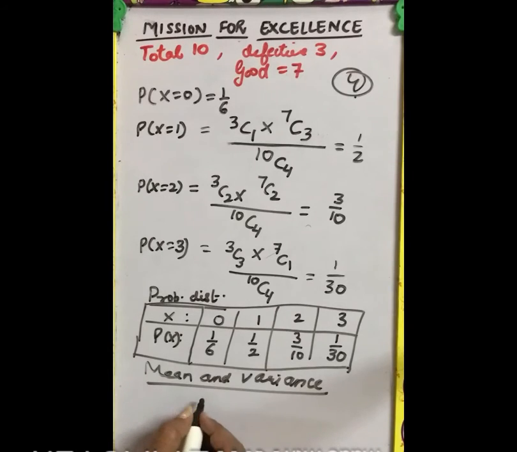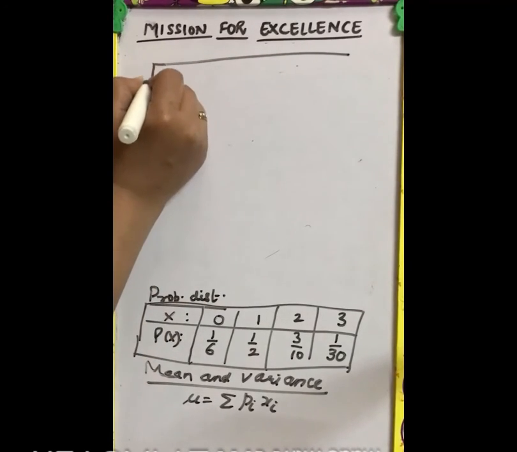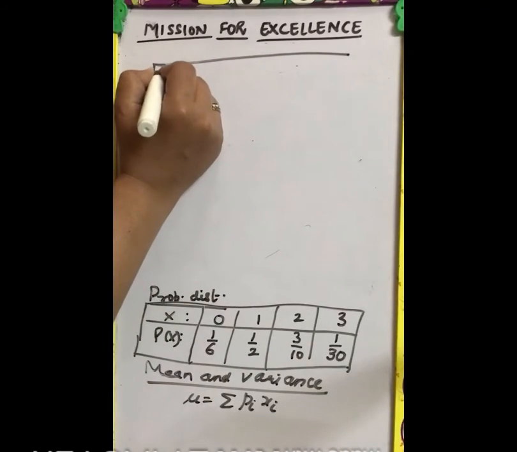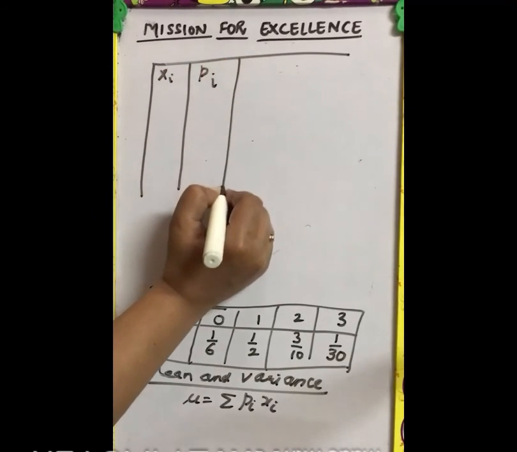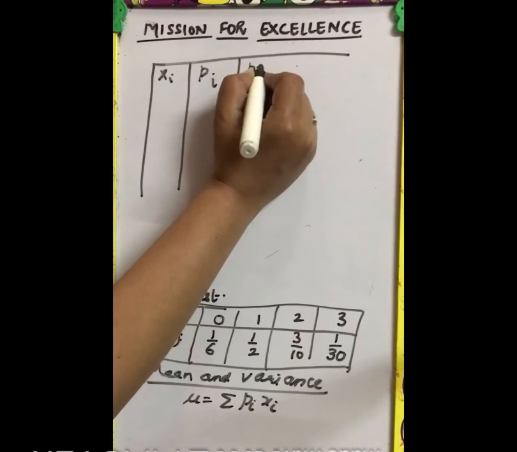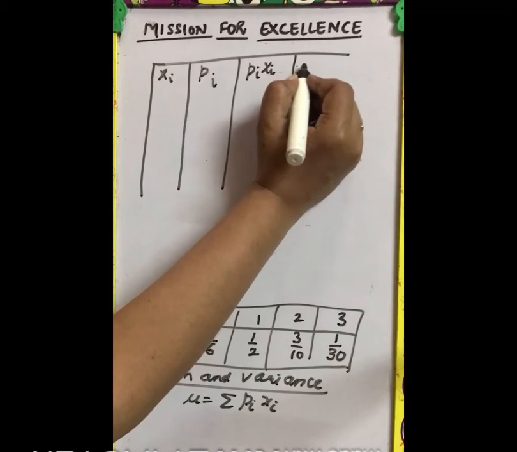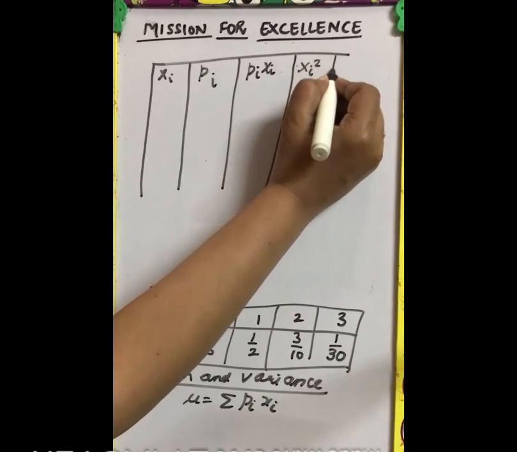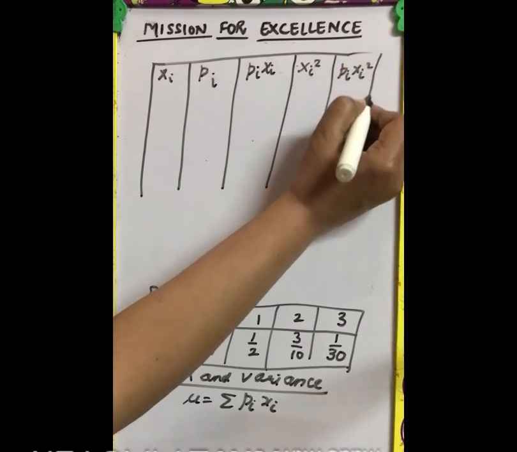So as we know, the value of mean is summation pi xi. So now let us make here a table. Here we write xi, here we write pi, here we write pi xi, here we write xi square, and here we write pi xi square.